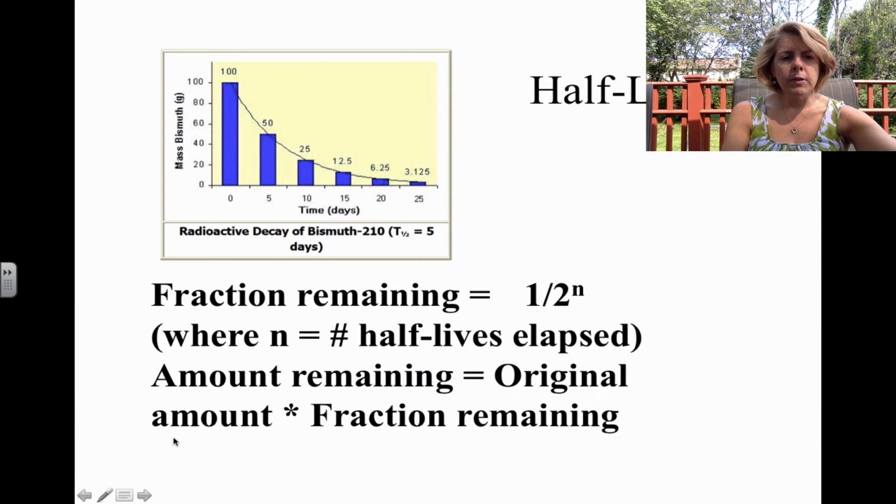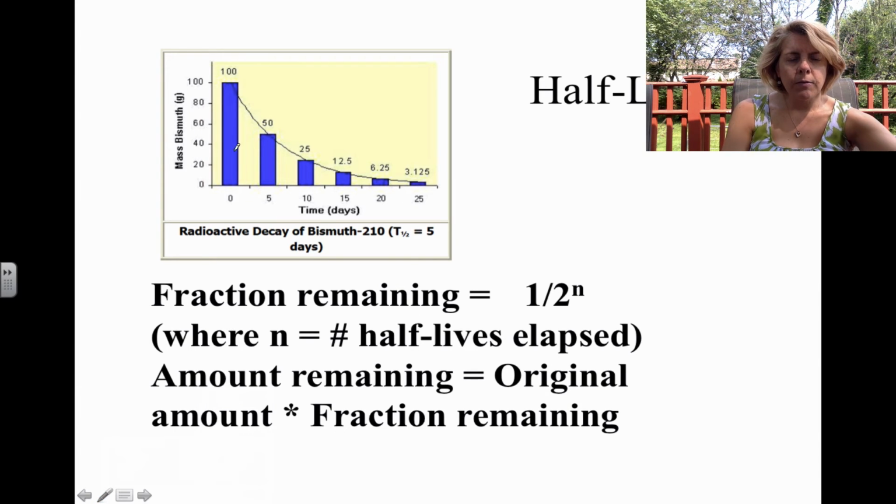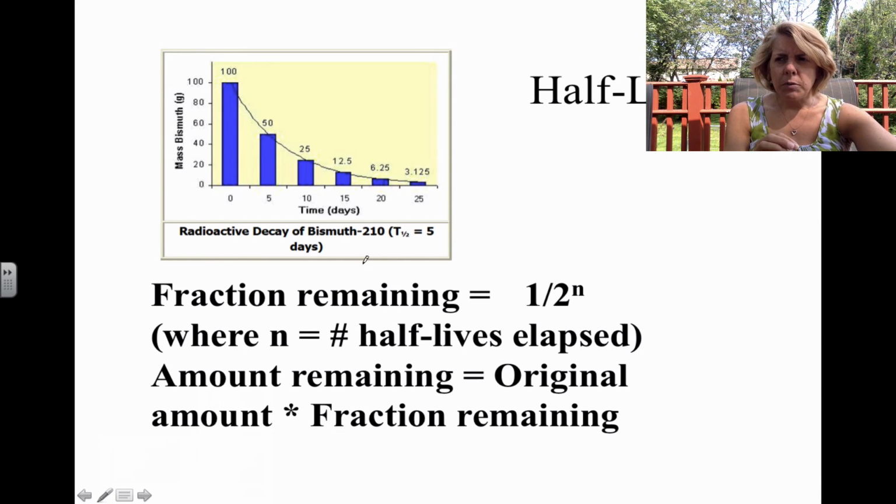Okay, this is a very useful chart. Notice that the radioactive decay of bismuth at 100%, it takes about 5 days for half of the bismuth to transmutate into something else, and then 10 days, and so on. The faster the transmutation or radioactive decay, the more dangerous it is.